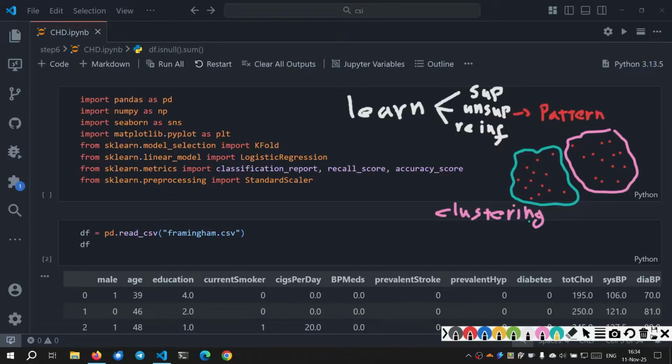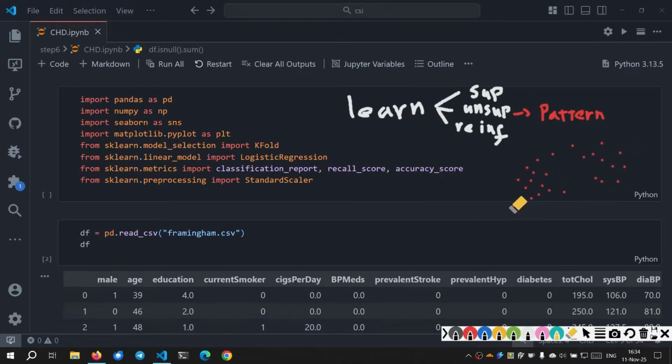The other thing is called reinforcement learning. What is reinforcement learning? Well, let me tell you. It's not really that complicated. Think about this. You have an agent, an algorithm, and it performs some action.